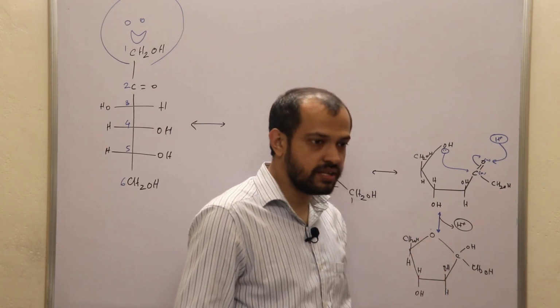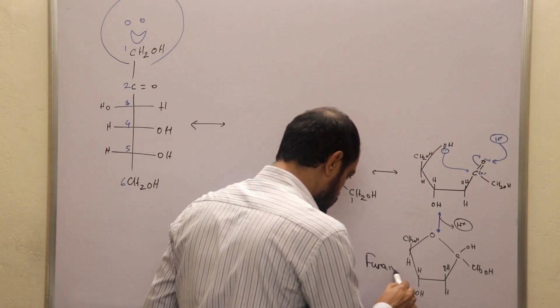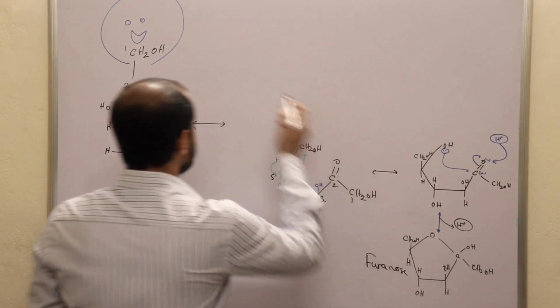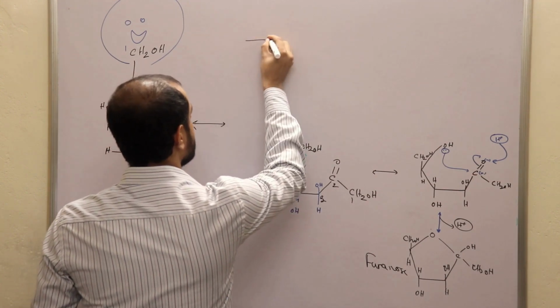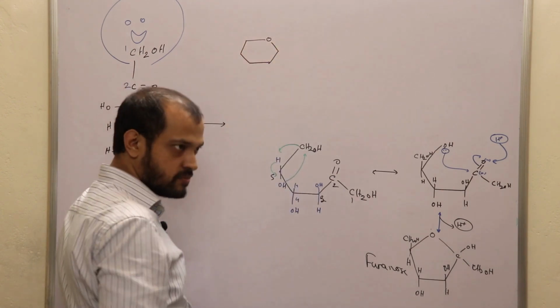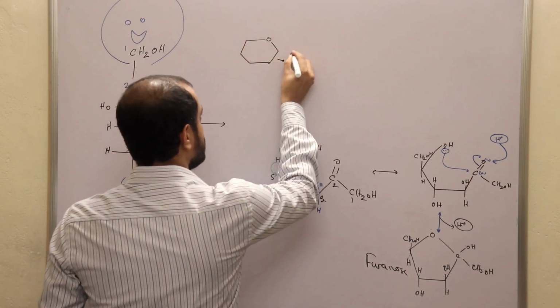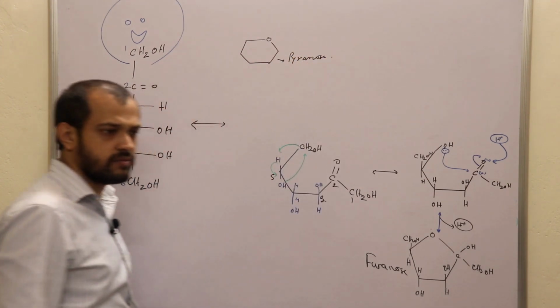This 5-membered ring is called furanose, and that 6-membered ring, which we were getting after the anomerization of the Fischer projection, was called pyranose. Why are they called pyranose and furanose?